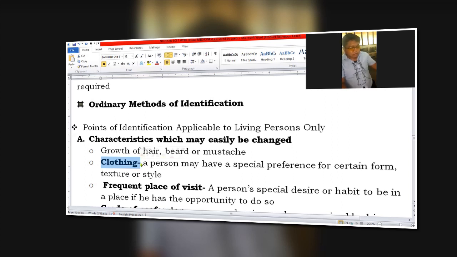If you see a person of interest with the same clothing, then at least you have a possible lead that this is the suspect because of the clothing. But again, these characteristics can easily be changed.